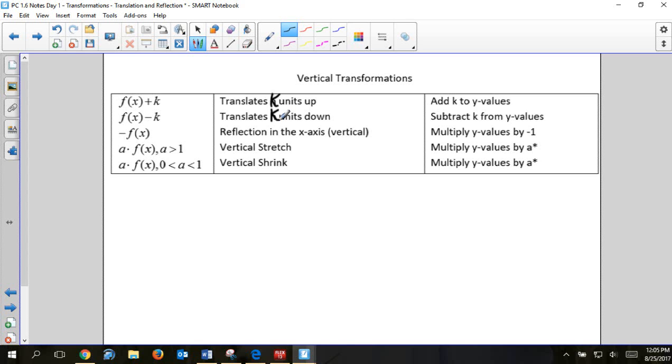So we reflect in the x-axis is actually a vertical reflection. See how people might get confused. So give me a y-axis and reflect something over that y-axis. So we're going horizontally when we reflect in the y-axis. Okay?